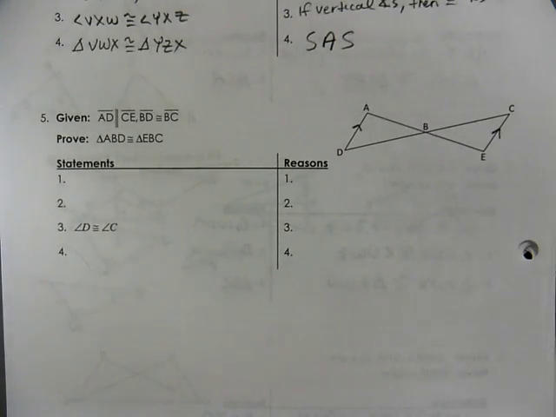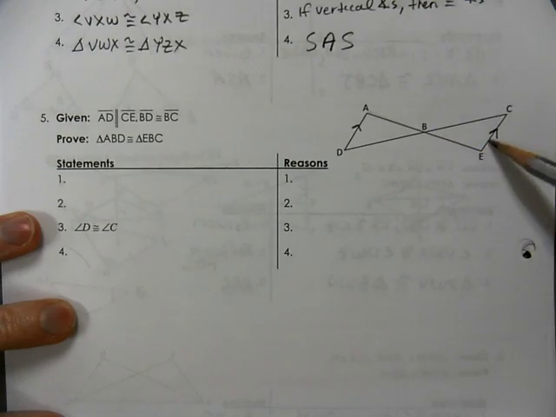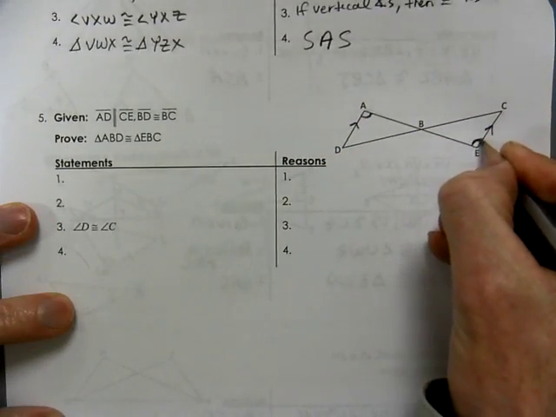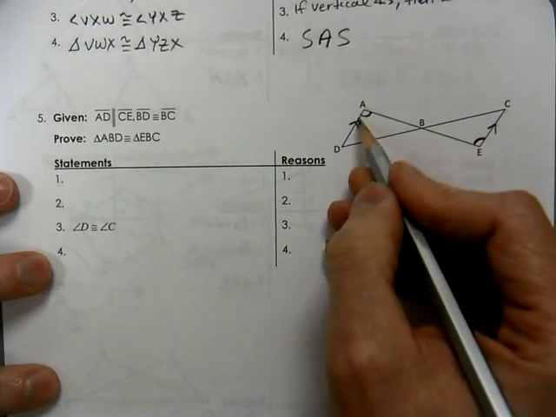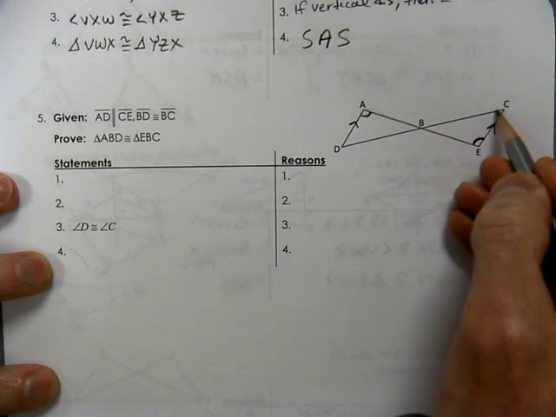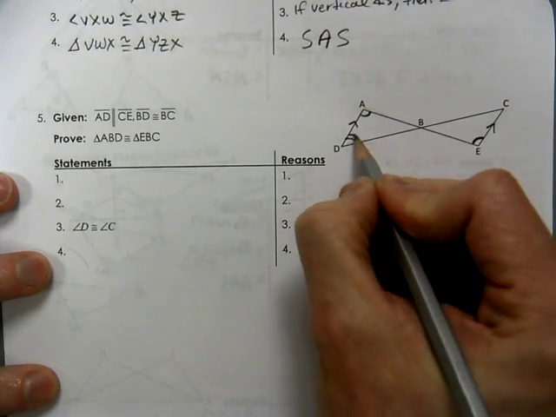Which angles are we going to talk about here? It makes a zigzag. Comes up, across the transversal, and back up. So A and E are going to be the same measurement. Now you could talk about the parallel line, the different transversal and the parallel line. You could talk about those.